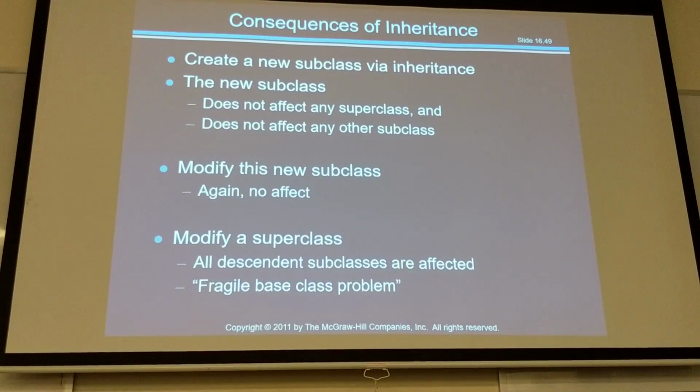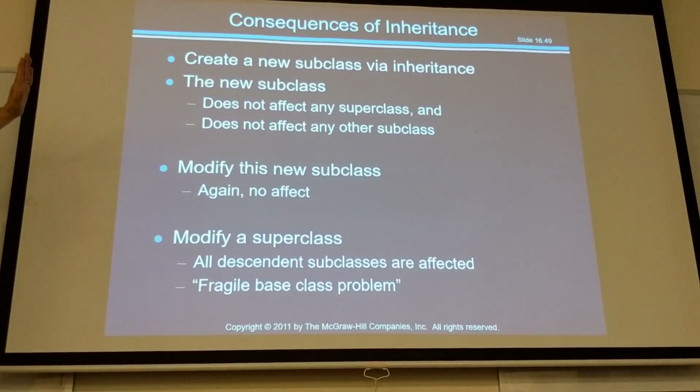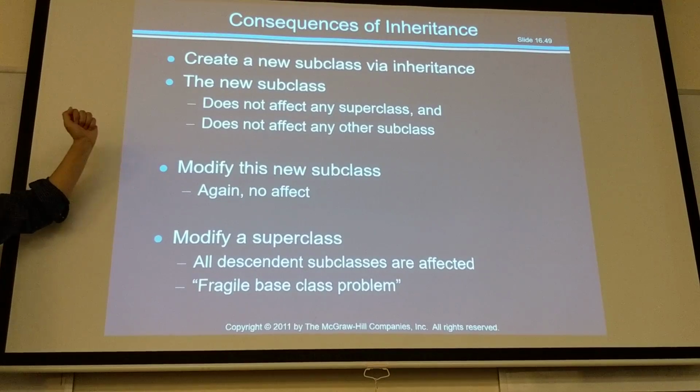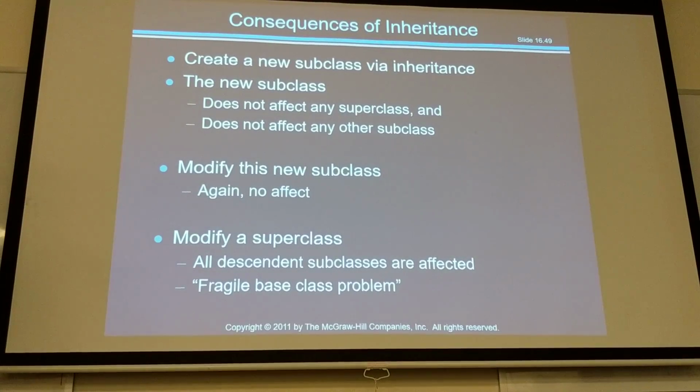The consequence of inheritance also is a problem, right? We create a new subclass. The subclass does not affect any superclass, does not affect any other subclass. If you modify the subclass, there is no effect on other classes.